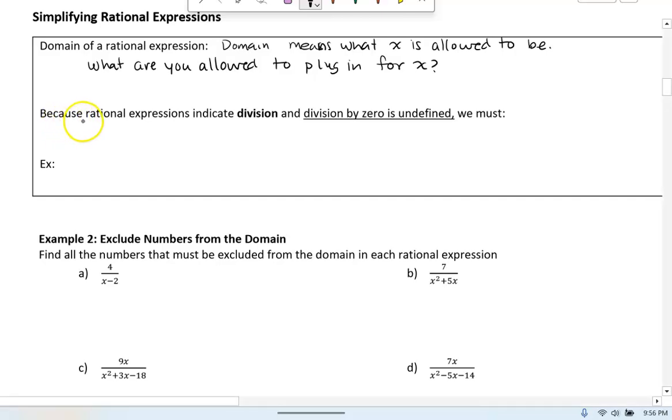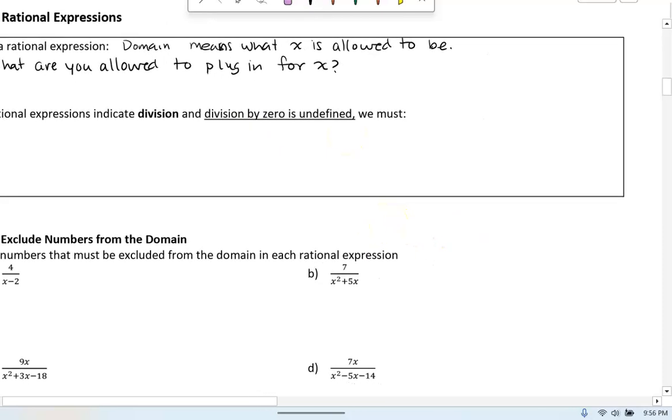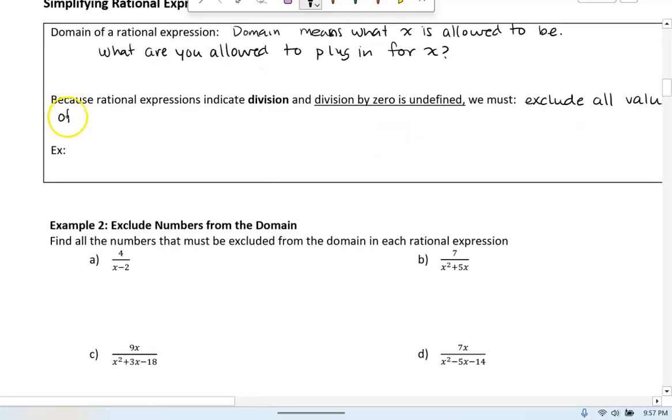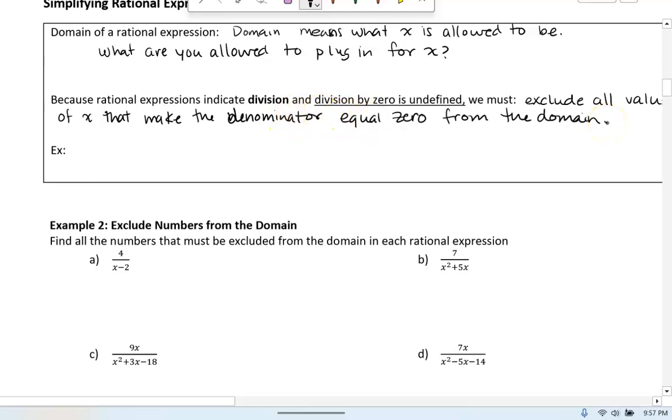So it's typed right here: because rational expressions indicate division and division by 0 is undefined, we must exclude all values of x that make the denominator equal 0 from the domain.